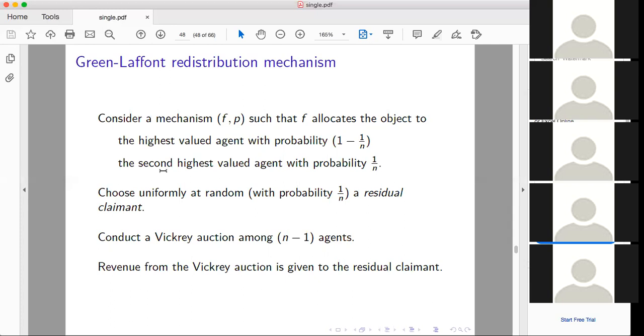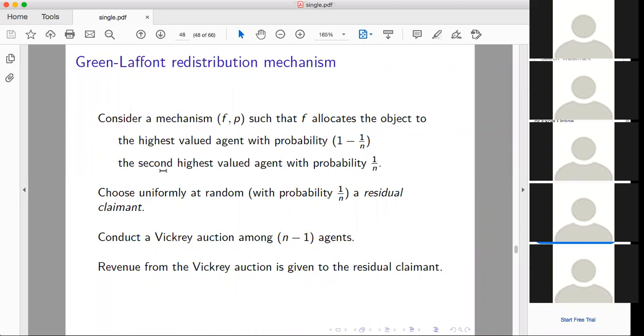And what is this randomization? Essentially, the randomization is the following. Choose one agent uniformly at random. This agent we are going to call the residual claimant. For the remaining n minus 1 agents, we are going to do a Vickrey auction. Remember, a Vickrey auction will generate a revenue equal to the second highest value.